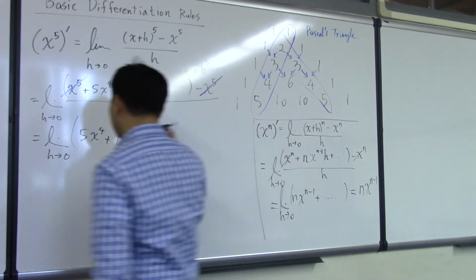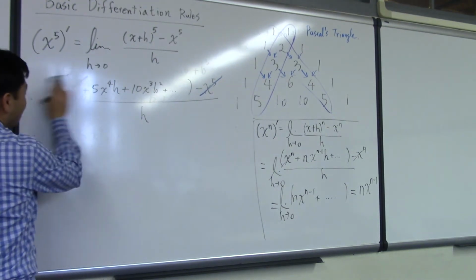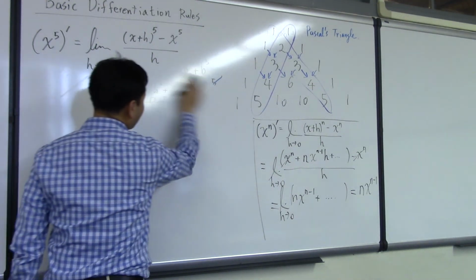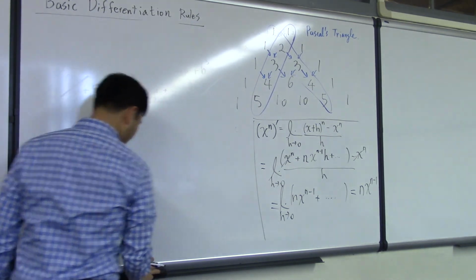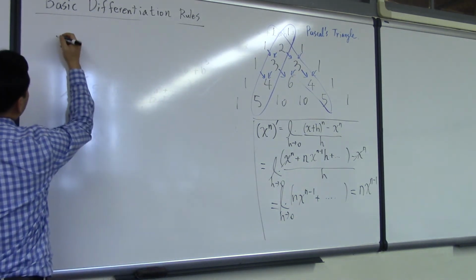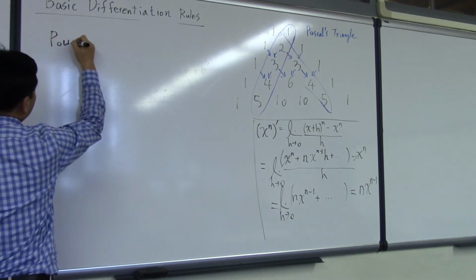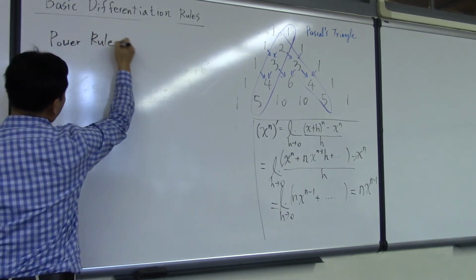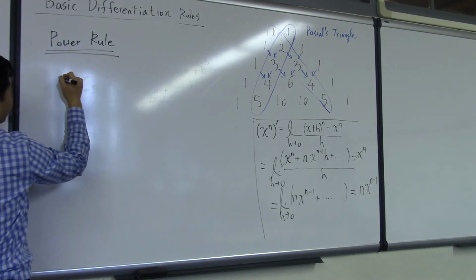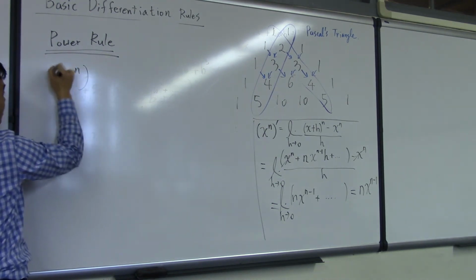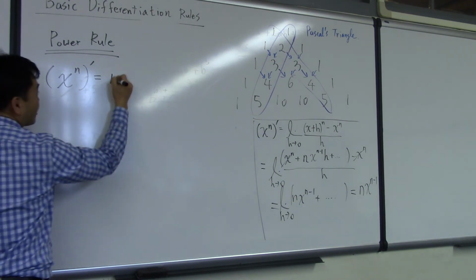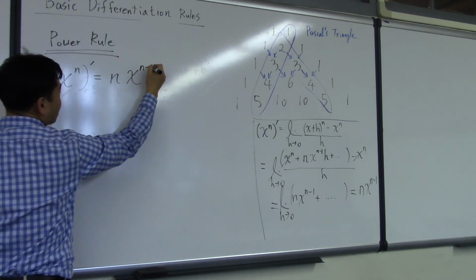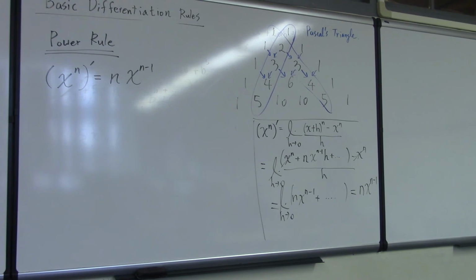And that's the first important fact I want to teach you today, this thing called the power rule, which says if you have x to the n, you differentiate, the answer will be n times x to the n minus 1.